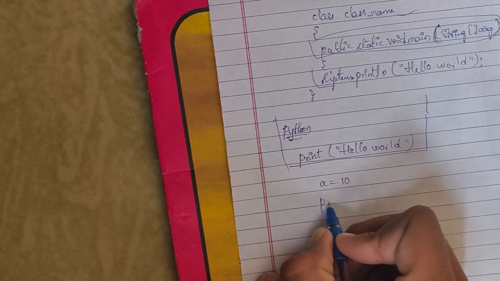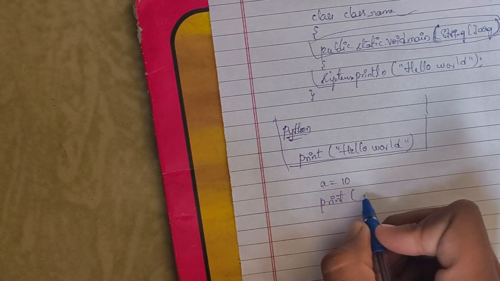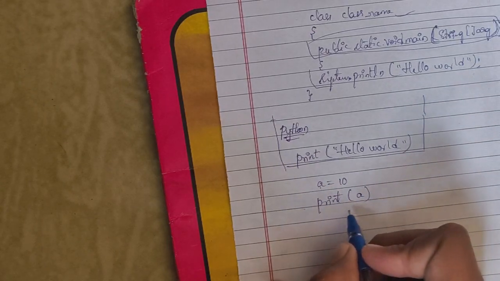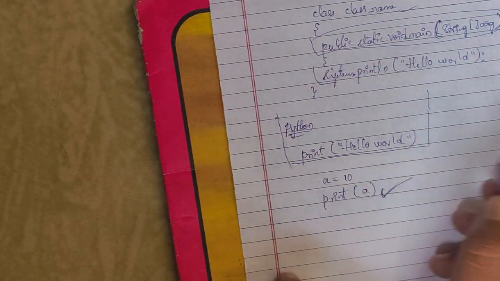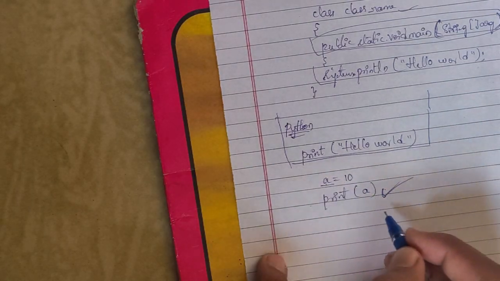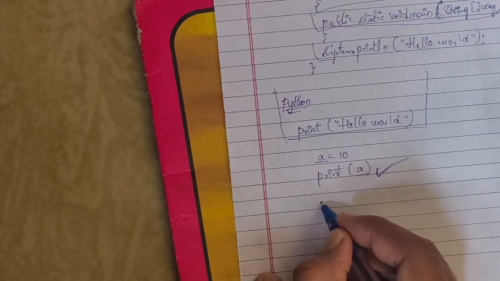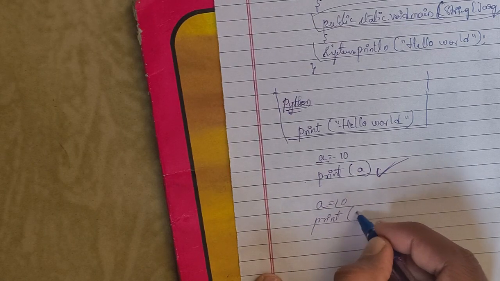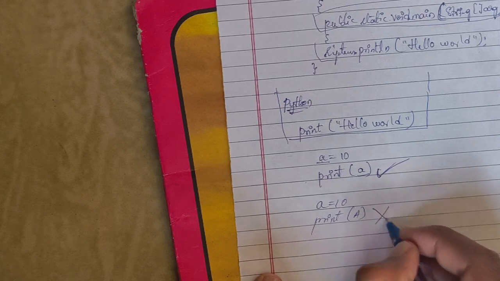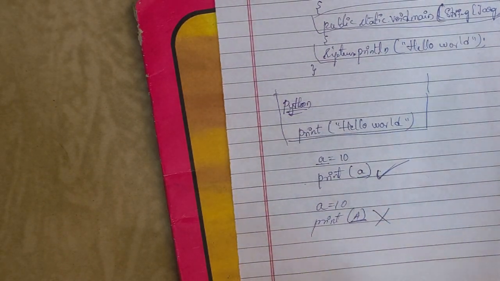Okay, now let's print a. Print a. This is the right syntax. There is no case issue. We use small a here and we use small a here. Now when a equals to 10, then print capital A, we should not give like this. Okay, now this is case sensitive. We should not give like this.